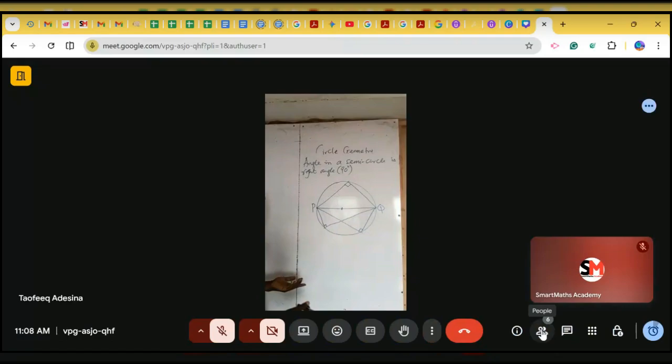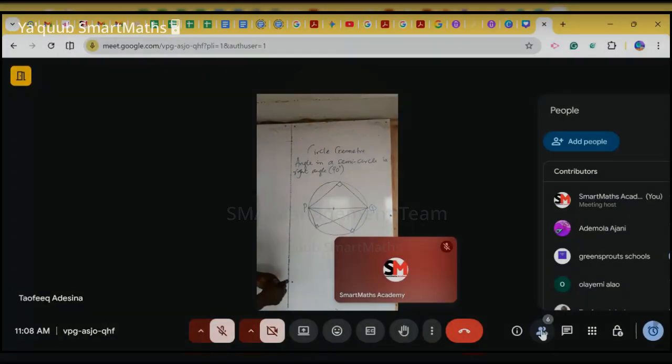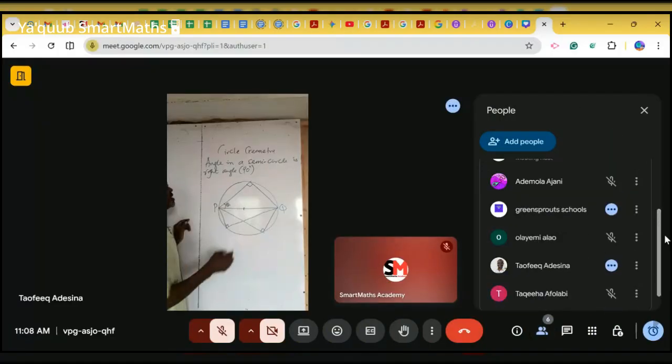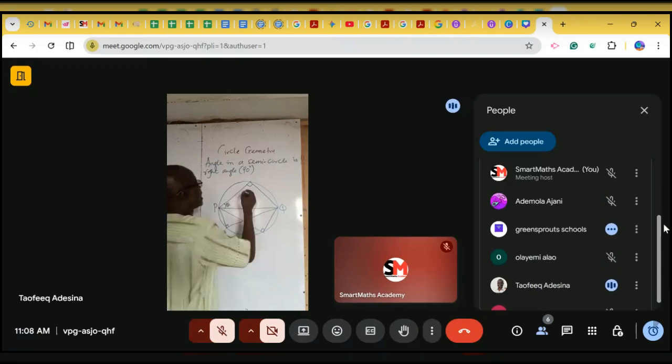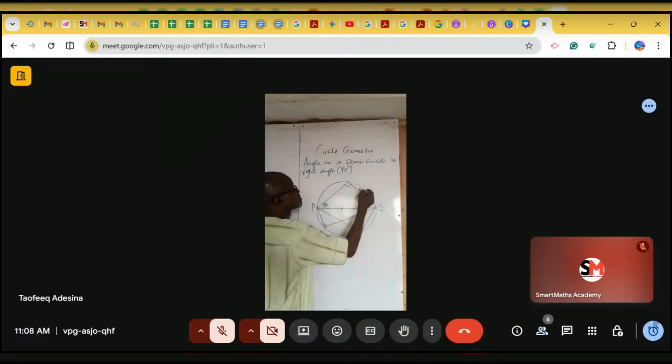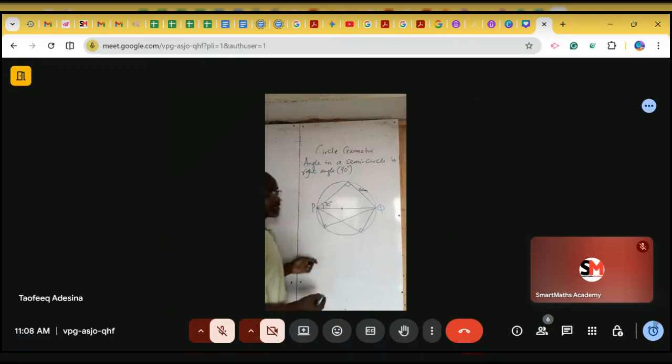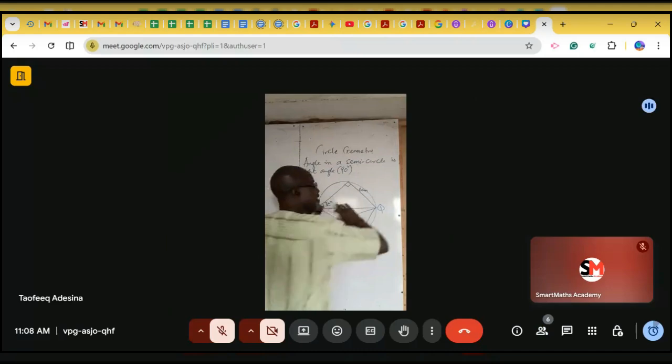You can just say that maybe this angle is 30 degrees, this side is 6 centimeters. What is the radius of the circle? You cannot just find that radius without finding the diameter.